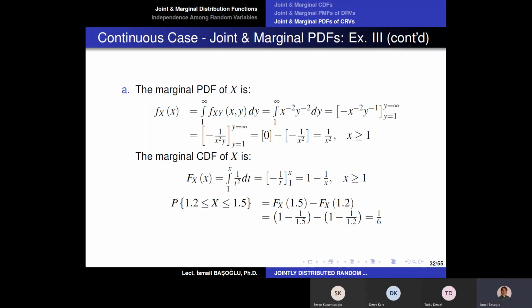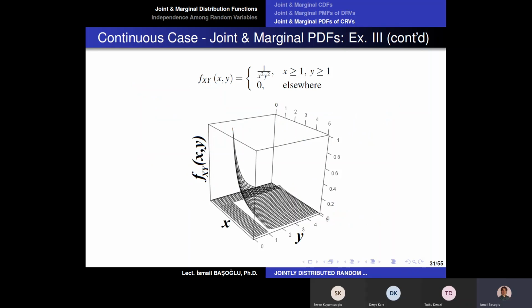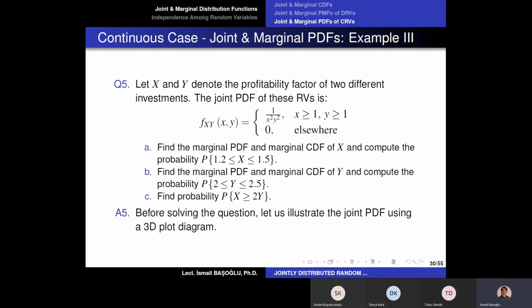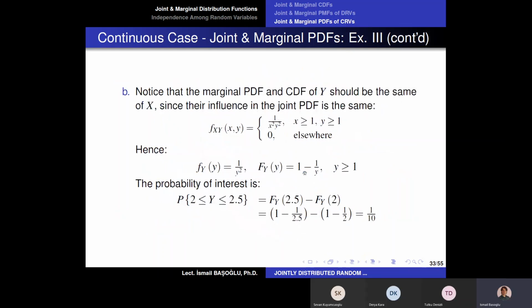Now, in the second part, the question asks to find the marginal PDF of y and marginal CDF of y. However, I am not going to do that because, as you can see, both of these random variables can take the same values. So their domains are the same, and their contributions in the joint PDF are the same.